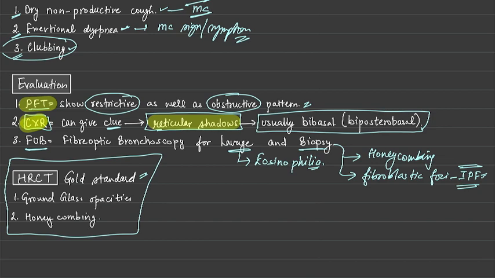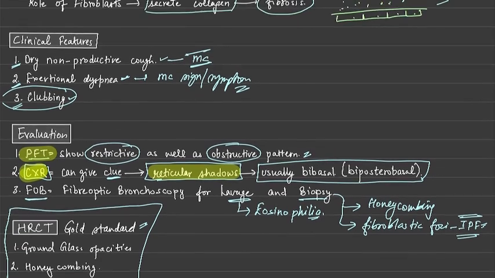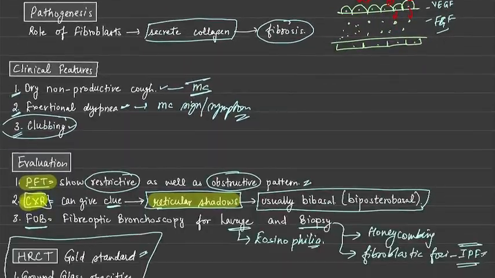So the further management will depend on the exact diagnosis, whether to give steroids or immunosuppressants. That is based on HRCT and histopathological findings. So that is all about the basics of interstitial lung disease.